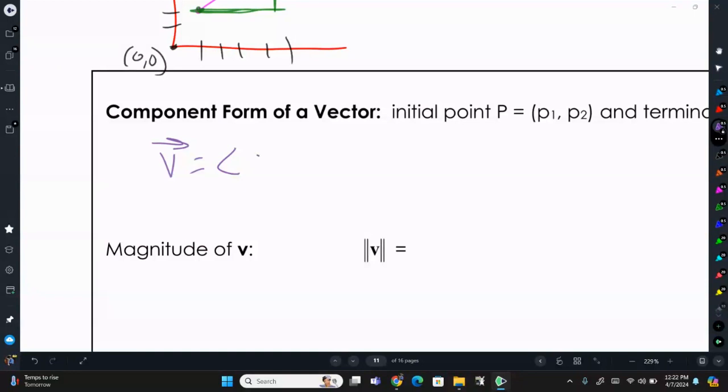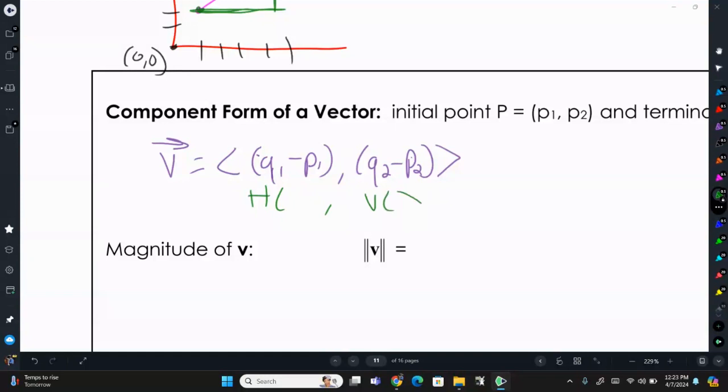So it's got to be Q1 minus P1. And I'm putting parentheses not because they belong in the problem, but to emphasize you have to do that subtraction first. And then Q2 minus P2. Okay, and that would get you the component form of your vector: your horizontal component, and then your vertical component.